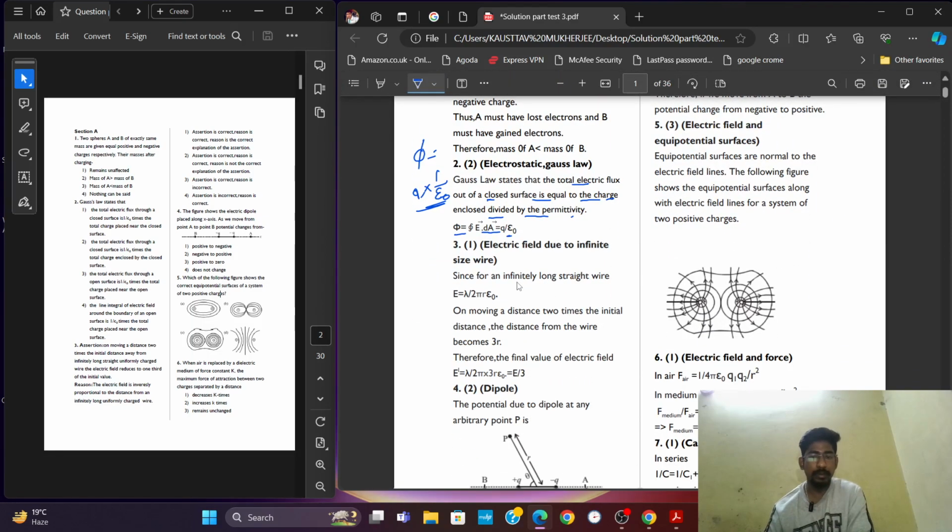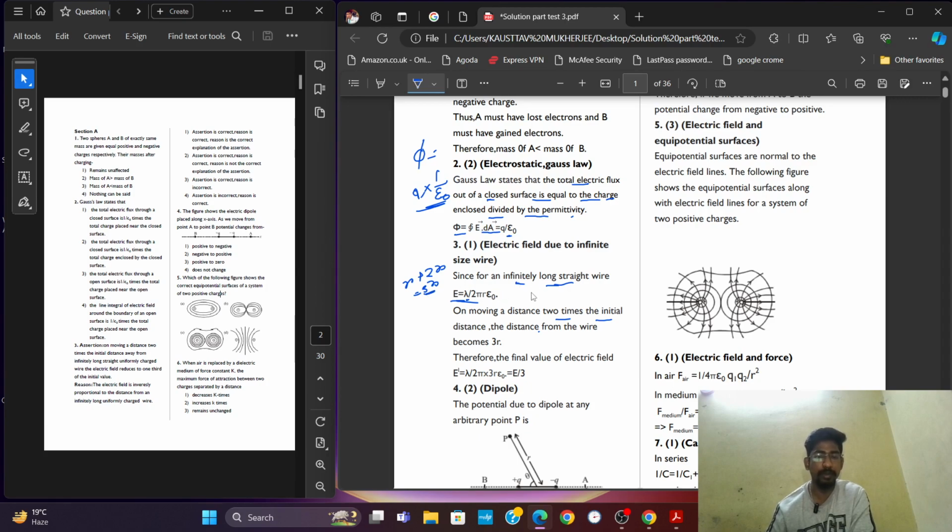For an infinitely long wire, the electric field is given by lambda, where lambda is the charge density in one dimension, lambda divided by 2 pi r epsilon naught. On moving a distance 2 times the initial distance, first it was r, now twice the distance is moved, therefore r plus 2r becomes 3r.